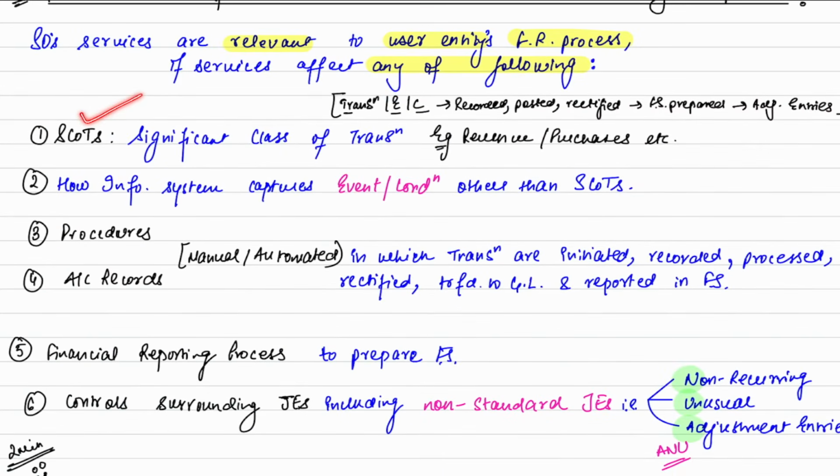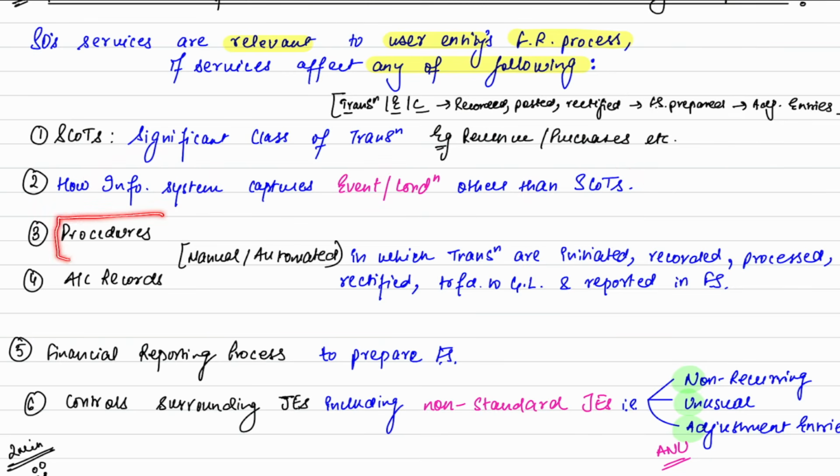That means SCOTs. These are not the SCOTs you do in the gym. SCOTs means significant classes of transactions like revenue or purchases. Then you see how the information system captures the events and conditions other than SCOTs. So if there is a litigation against the entity, how the entity has created the provision for that litigation. Okay, sir.